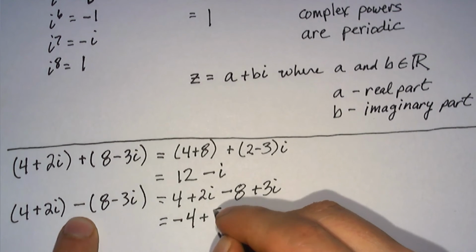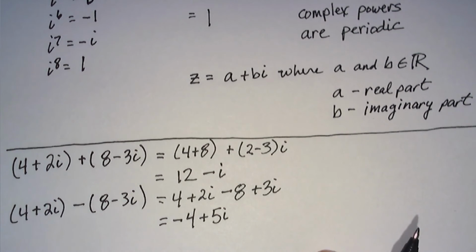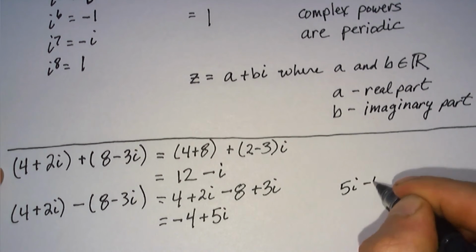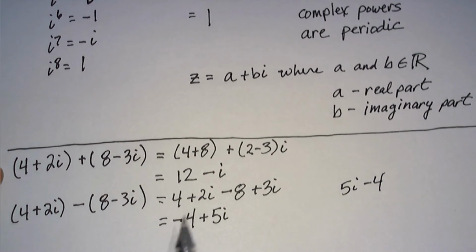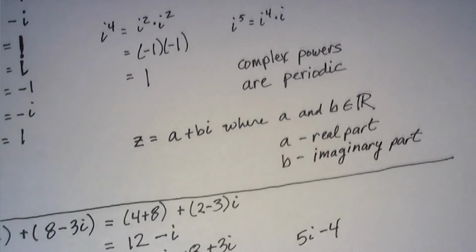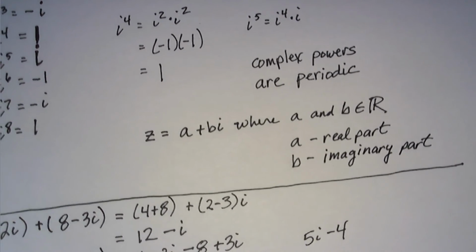So this would be negative 4 plus 5i. And addition's associative too, so you could also write that as 5i minus 4. But generally, it's in this form a plus bi. This is also accepted, but it's frowned upon. Let's just say that. Okay, let's use these rules to multiply.